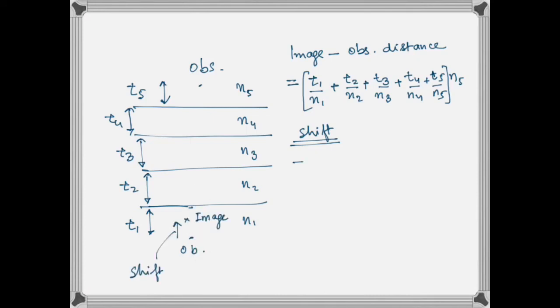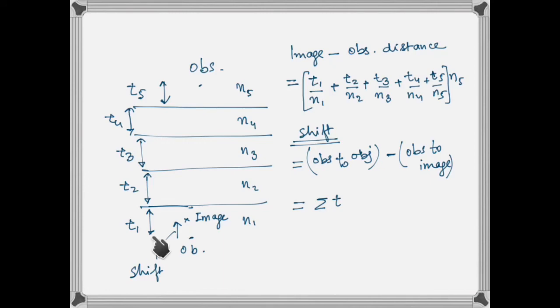While to find the shift, how much this object is seen shifted, suppose that this is the object, this is the image, so this is the shift. So observer to object distance, this total distance, minus observer to image will give the shift. And what is observer to object?